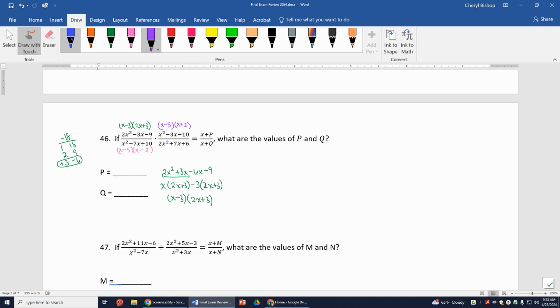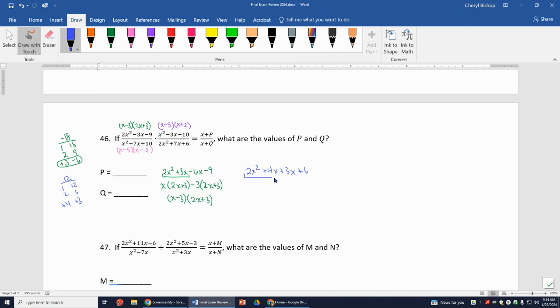Here I'm going to have to factor this last one by grouping. 2 times 6 is 12. My multiples of 12 are 1 and 12, 2 and 6, and 4 and 3. I want to get a positive 7, so I'm going to do plus 4 plus 3 to get my positive 12 and my positive 7. So 2x squared plus 4x plus 3x plus 6.